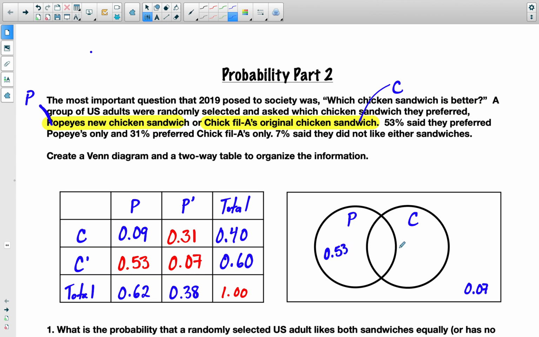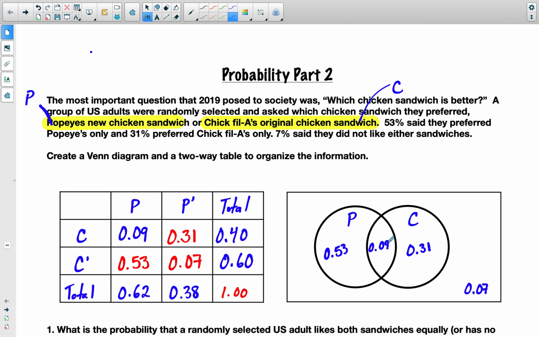I know that 31% preferred only Chick-fil-A. And then if I needed to find this overlap, I know that 53 plus 31 plus 7 plus whatever is in the middle has to add up to 100. So I can just take those three numbers, subtract, and I find out that 9% are unaccounted for. So those are the people that prefer them both equally.